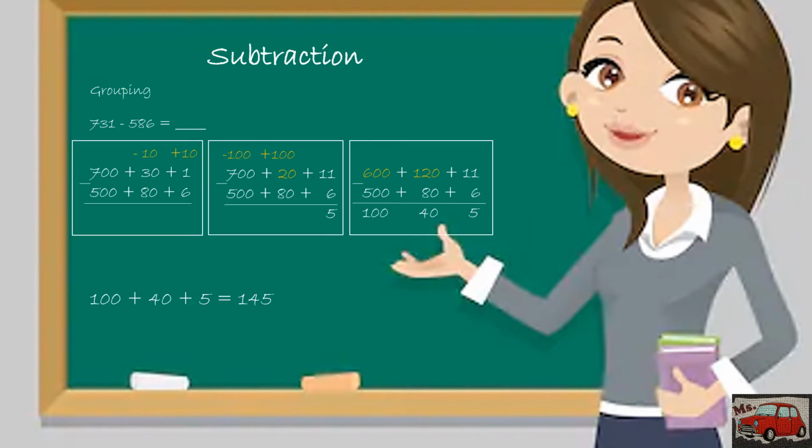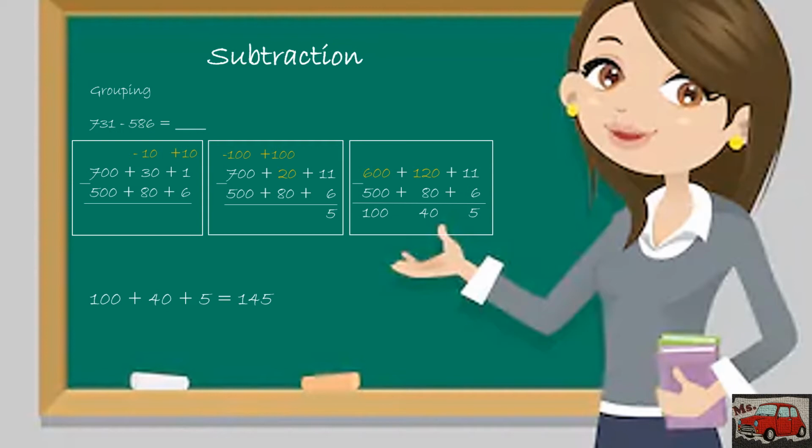Okay, let's use the grouping to subtract the whole numbers that we have a while ago. So, yung 731, magiging 730 and 1, minus 586, so minus 580 and 6.